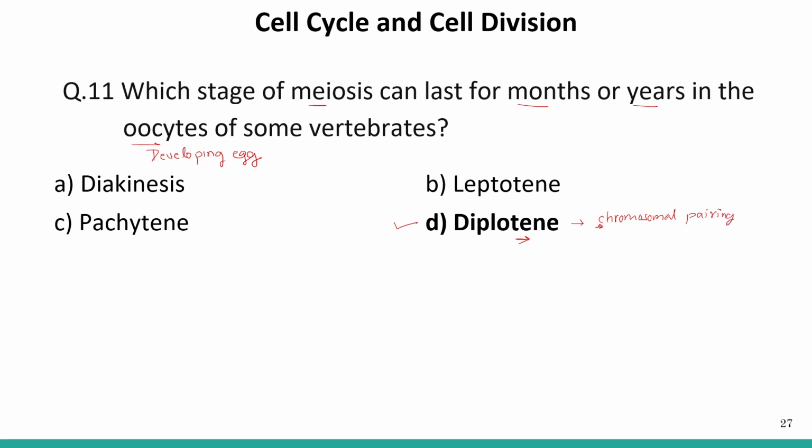If the meiosis is stuck at the diplotene stage, it helps the chromosomes to pair very efficiently. If there is no pairing of the chromosomes, then later on there will be a problem in separation of the chromosomes. So it gives ample time for the chromosomes to get paired nicely.